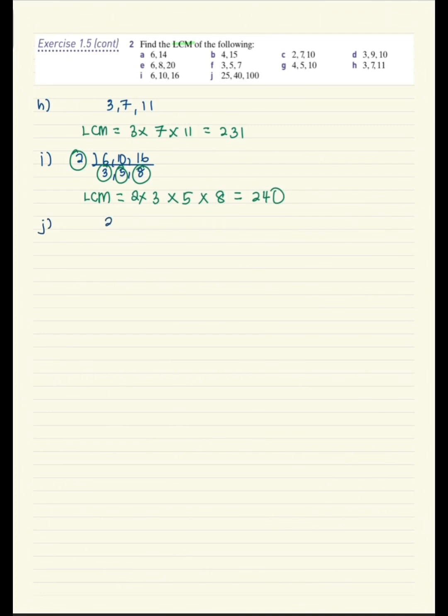Let's take a look at the last question, J. 25, 40, and 100. These are all divisible by 5. You will get 5, 8, 20. 8 and 20 are divisible by 2. 4 and 10 are divisible by 2 as well.